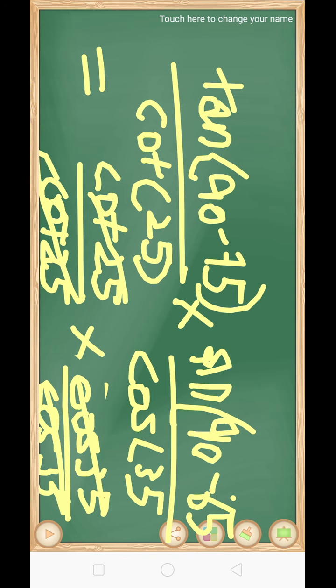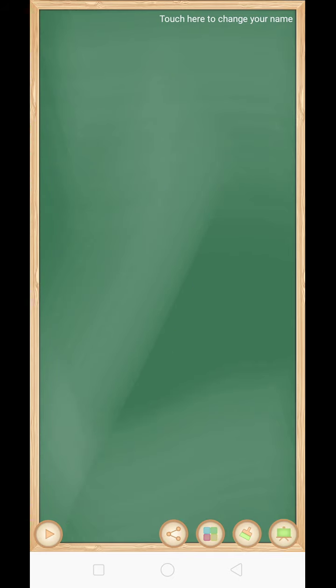Cancel out, the answer is 1. Therefore option A, 1, is correct.